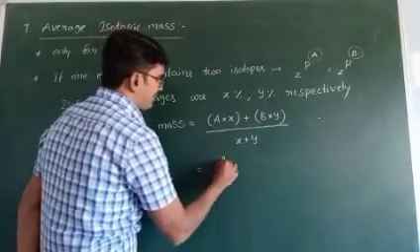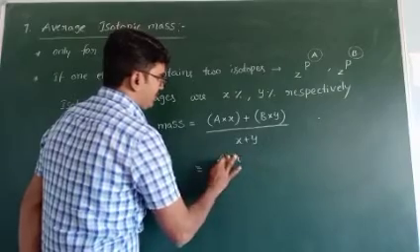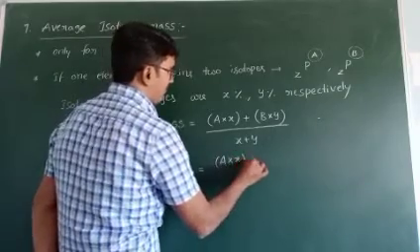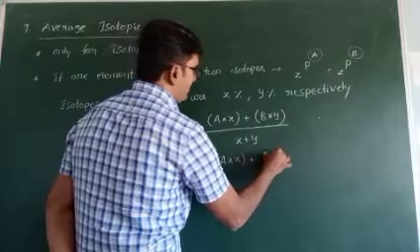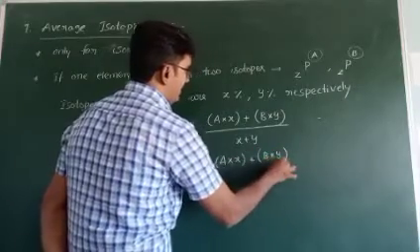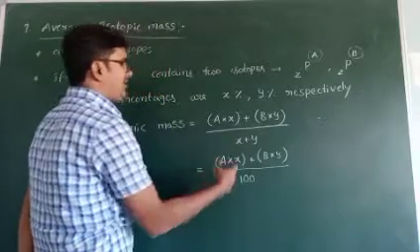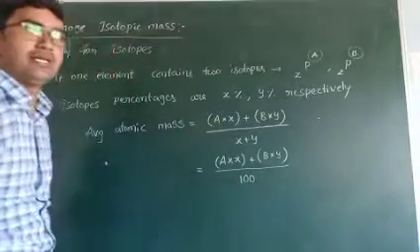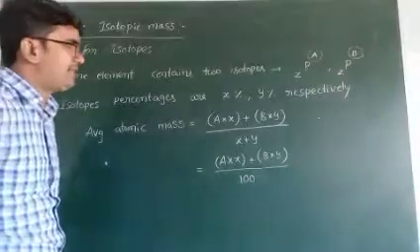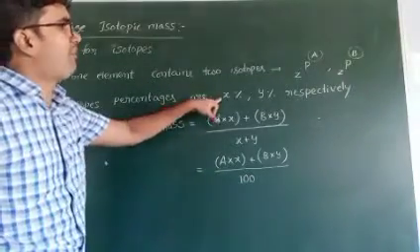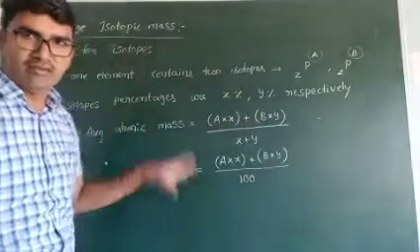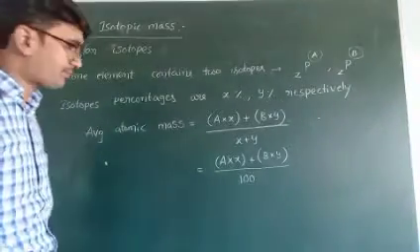So A into X plus B into Y, divided by the total percentage, which must be 100. So X plus Y is nothing but 100%. This is the one formula, for when the percentages of isotopes are given.